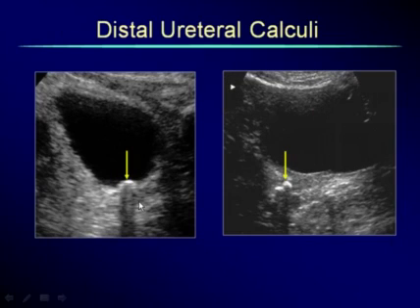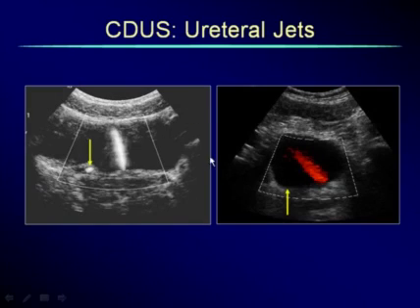If we don't see it, we keep going down to the bladder. We might find the stones lodged at the ureterovesical junction, as here, or stones in the very distal part of the ureter. We can turn on color Doppler. In this case, there's no blood flow coming out through this obstructed ureter, not blood flow, urine flow out of this obstructed ureter. And here we have a nice jet coming from the left side.